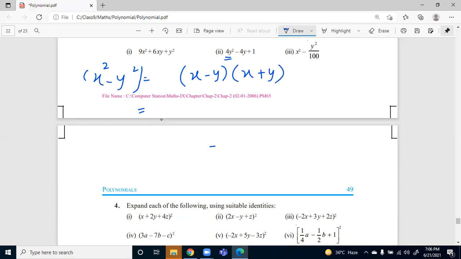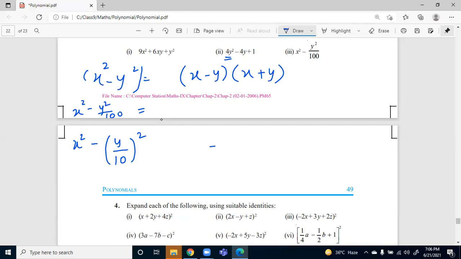So when you look at the third part, I can write it like this. You can see this is your left hand side, that is x square minus y square upon 100. So it is x square minus, in place of y square upon 100, I can write (y by 10) whole square.